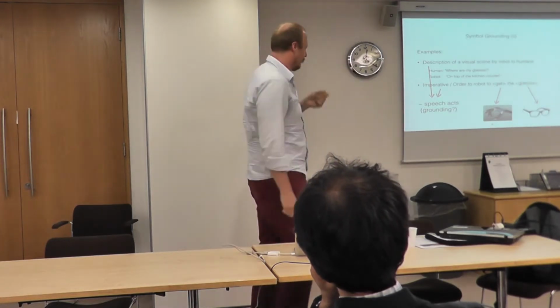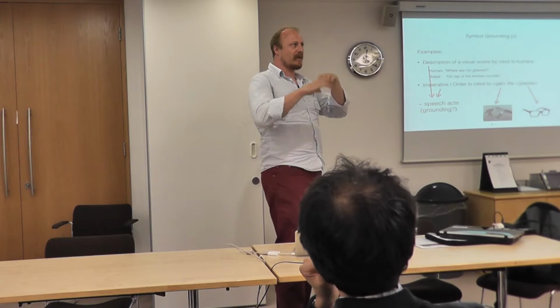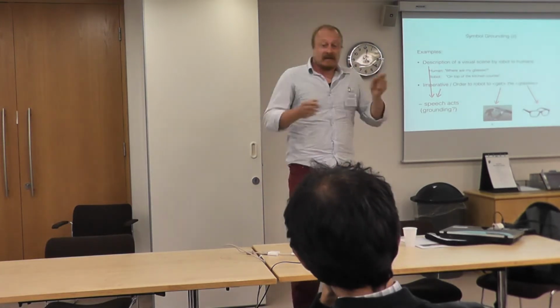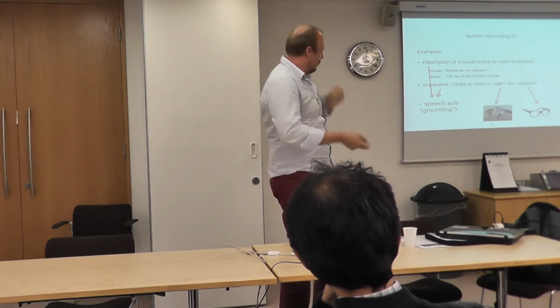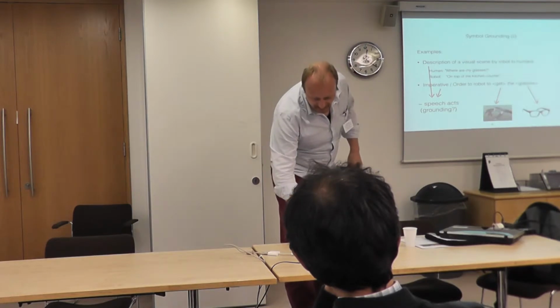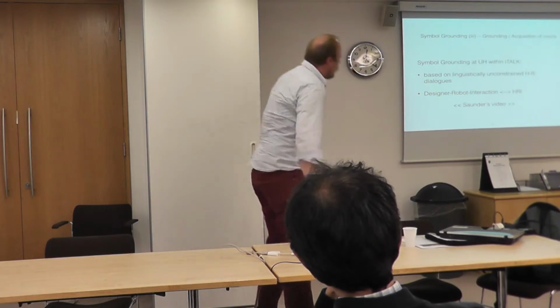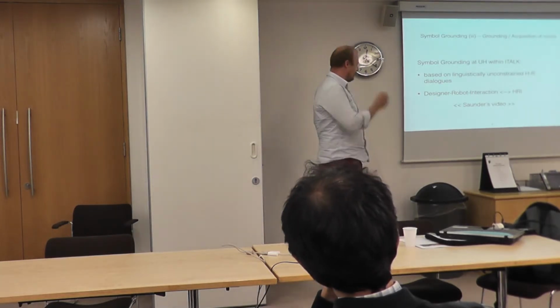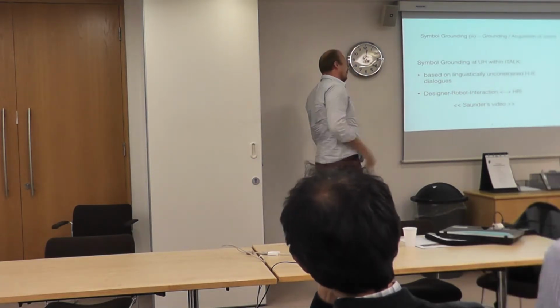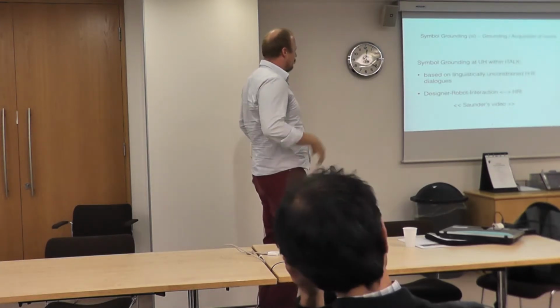It's typically hard-coded in those systems. Or you have a grammatical parser that detects if it is a question or not, and then the system will act accordingly. In our group, the way we did symbol grounding was we decided to do it in a linguistically unconstrained manner. Most systems that you will see are what I would call designer-robot interaction, not human-robot interaction.